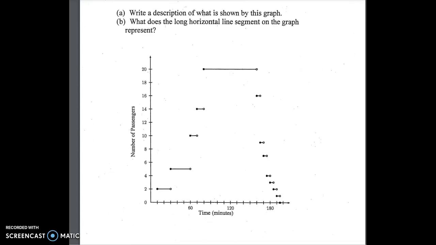So first and foremost, this is a standard graph. You've got the time in minutes on the bottom, the number of passengers on the side, and I believe the horizontal lines show the time in minutes, like how long the flight was or when it started, and how many people were on the flight.